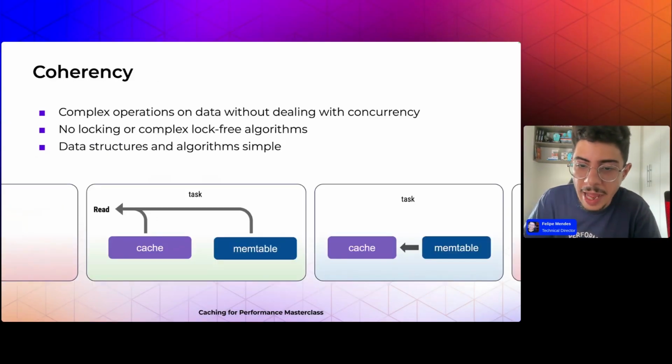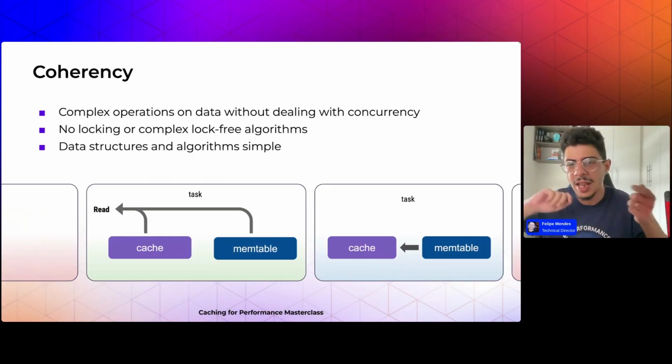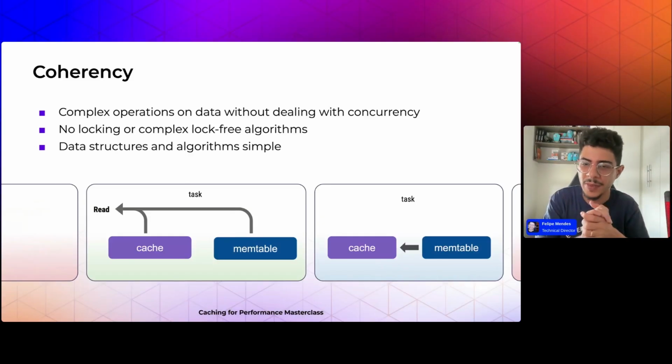Shard per core allows us to have complex operations on data without having to deal with real concurrency, which is something we would face if we used things like multi-threading and accessing data from multiple CPUs for shared access. We don't have to use locks, which avoids lock contention, nor need to implement complex lock-free algorithms.